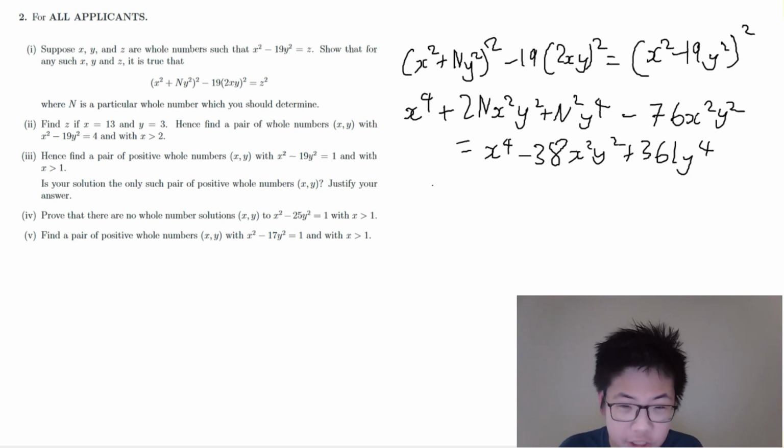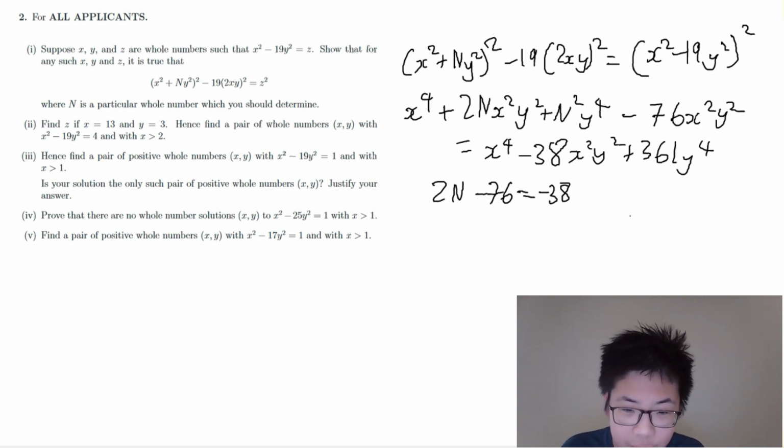Now, we will compare coefficients for x squared y squared and get 2n minus 76 equals negative 38. Then, you will have n equals 19.